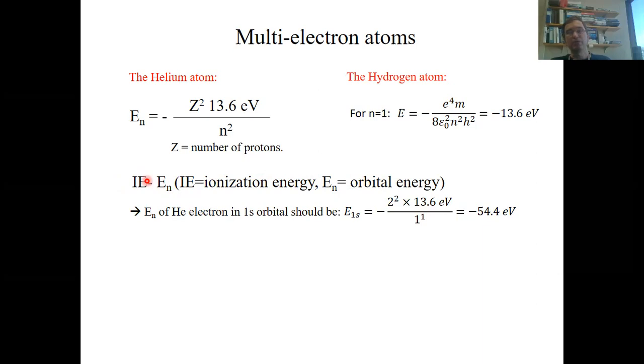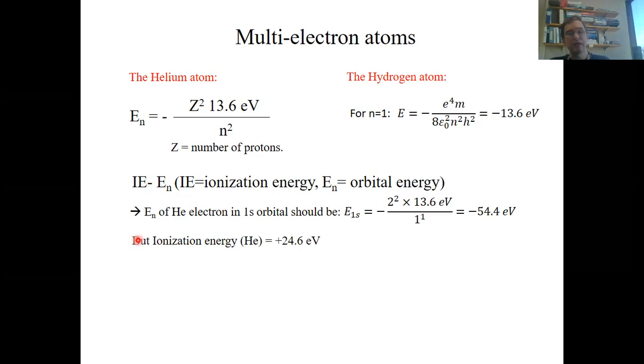That is because the ionization energy is the energy that is required to remove the electron from the orbital, and the orbital energy is nothing else but the energy which is released when you add that electron back to the orbital.